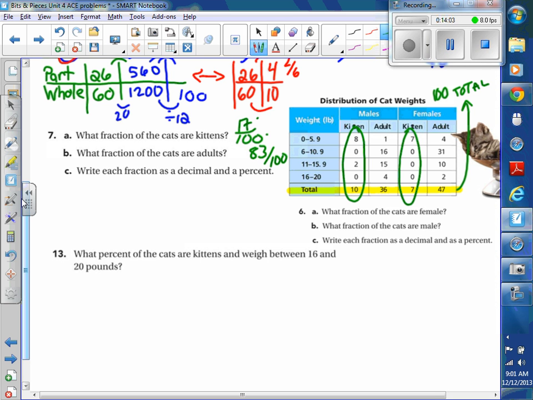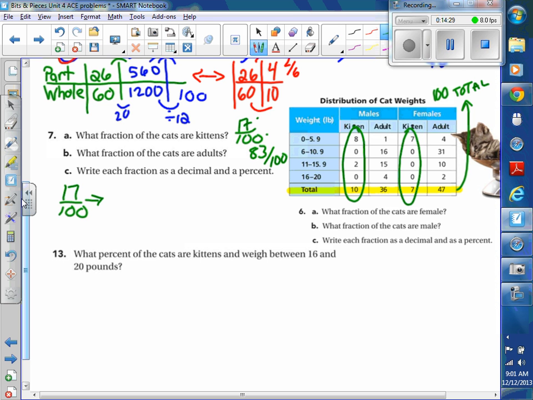Yeah? Okay, write each fraction as a decimal and a percent. So, Jennifer, how do you write 17 100ths as a decimal and a percent? If you say this with your place value, it's 17 hundredths, because it's 17 out of 100.